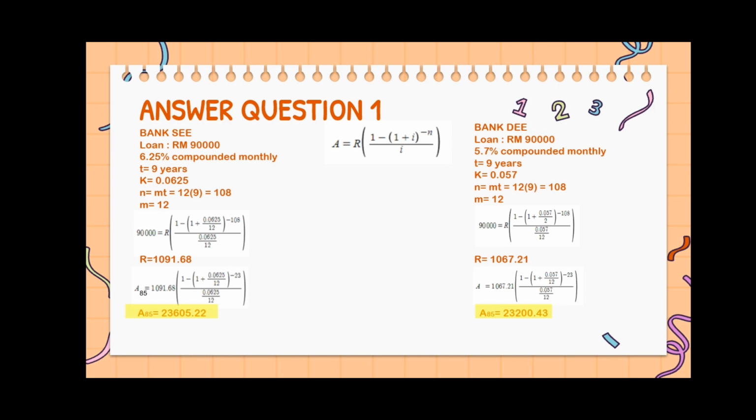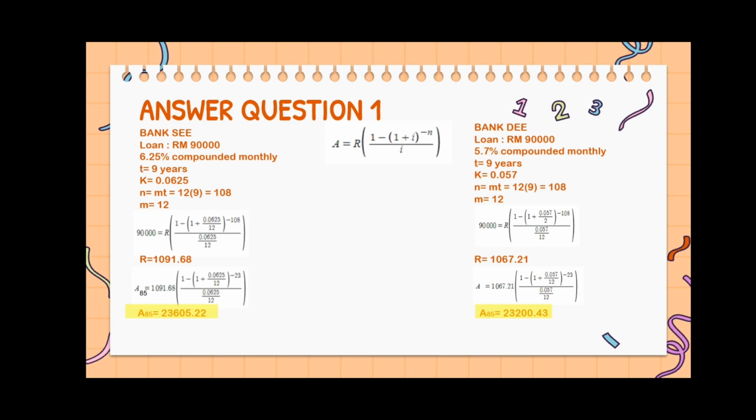The next step is we need to find A. A equals 1067.21 times 1 minus (1 plus 0.057 divided by 12) to the power of minus 22, divided by 0.057 divided by 12.